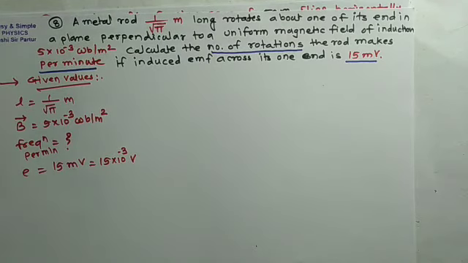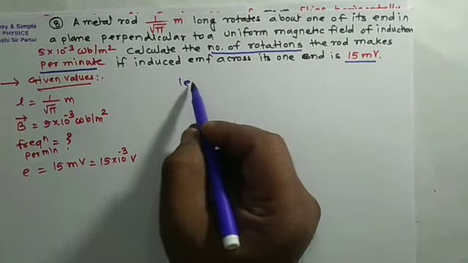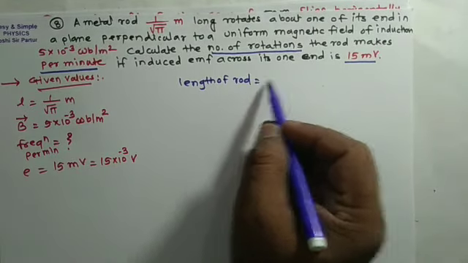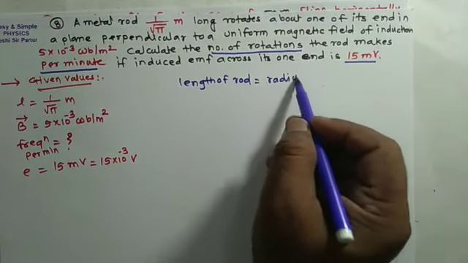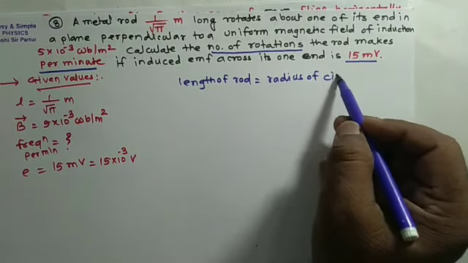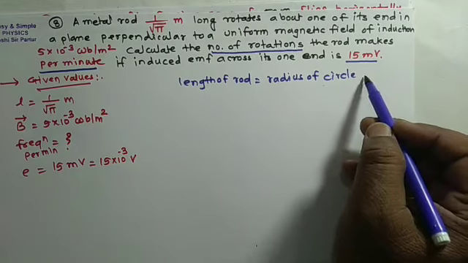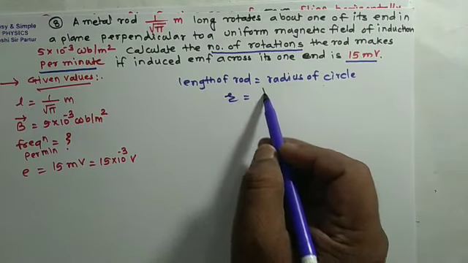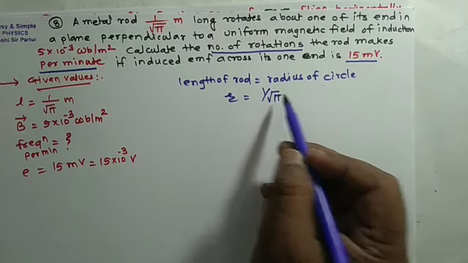Here the length of the rod is given, so we know that the length of the rod will be the radius of the circular motion. So R is given as 1 upon square root of pi.